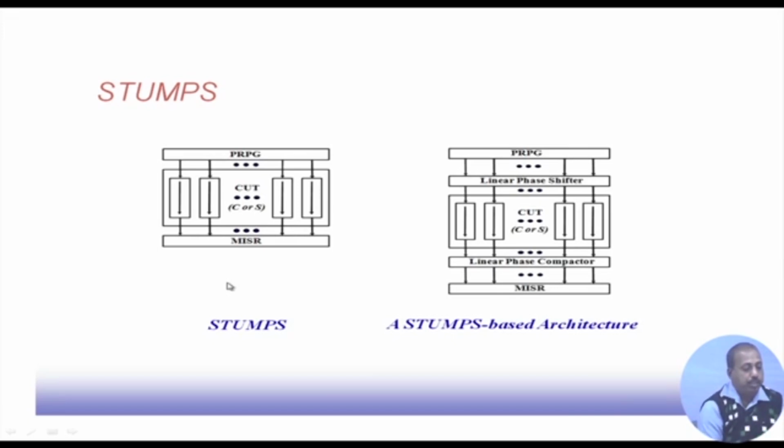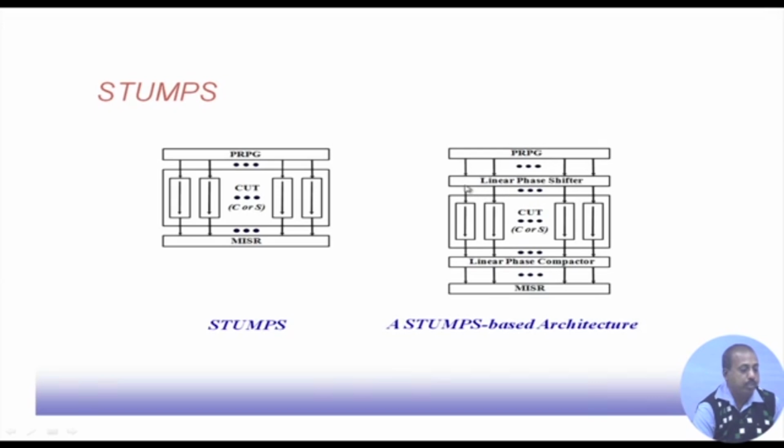Now, it may so happen that the number of scan chains is much larger than the PRPG, the pseudo random pattern generator. So, we cannot make the PRPG very large, because that will increase the circuit area, power consumption and all that. So, what can be done is that we make this PRPG small, but then it goes through a linear phase shifter.